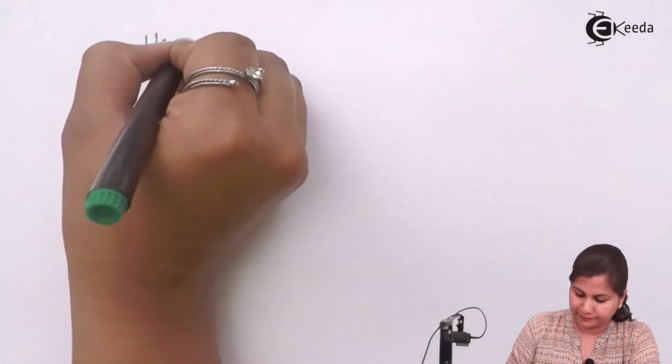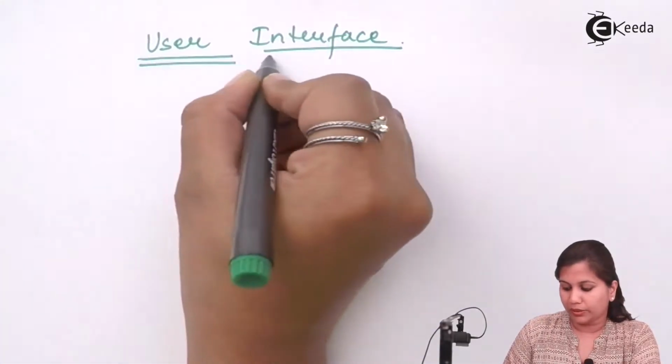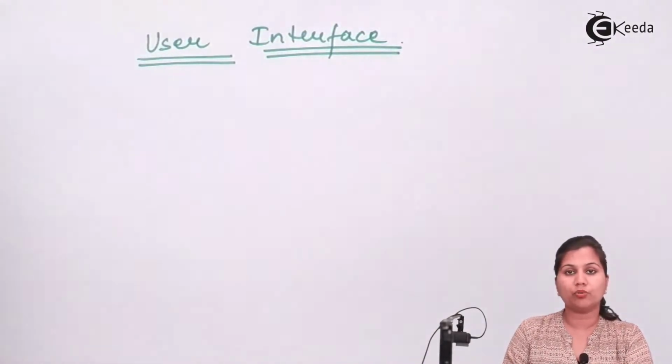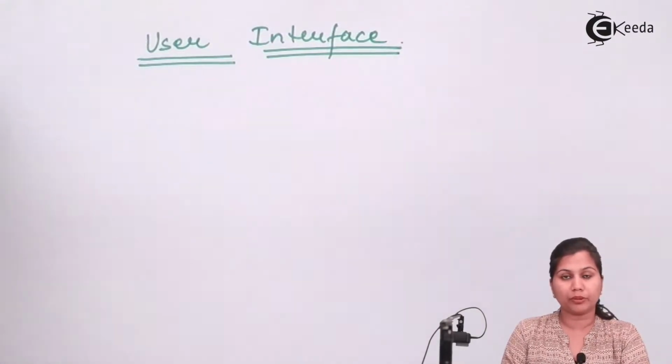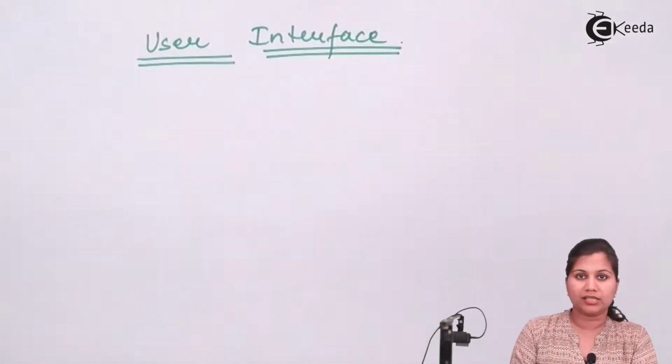Next trend is the user interface. Now in embedded system, the user is dealing with it. So if the user wants to get a display of the system, or wants to connect it with the computers, then for the display of the system, it should have an interface so that it can communicate with the system.